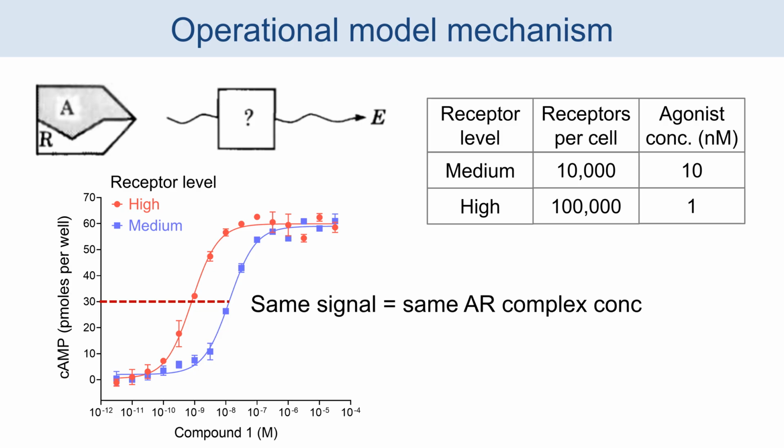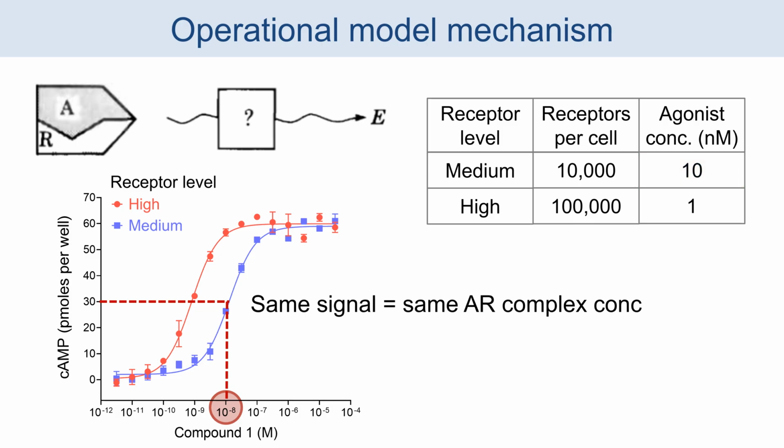Now, let's consider the concentration of agonist. For the medium-expressing cells, the agonist concentration we need to get to this level of cyclic AMP here is 10 nanomolar. We can see this illustrated on the graph here. Now, here's the simple explanation.